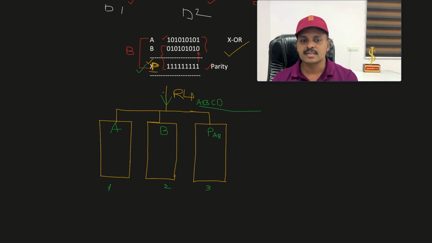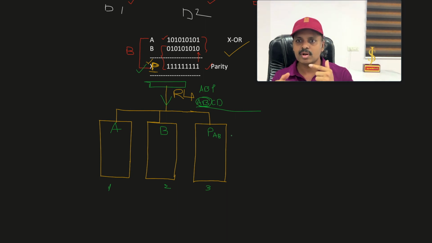Are we getting it? So here you have a RAID controller. Once that data comes to the RAID controller, the RAID controller will take the first two blocks and apply parity on this. Then it will have AB and parity of AB, that it stripes across the 3 disks at once.